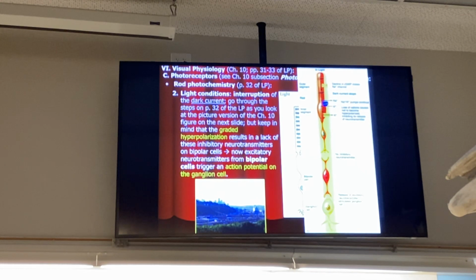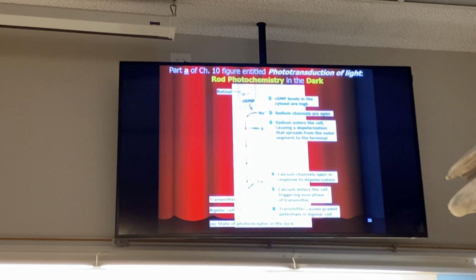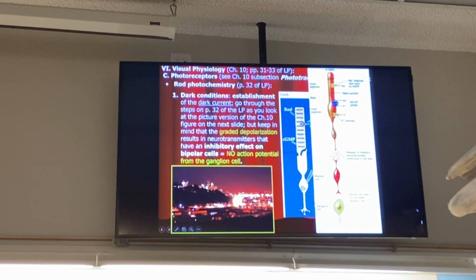Okay? Any questions? So this, again, what I just drew right here, this is inhibitory neurotransmitter glutamate. This is excitatory neurotransmitter on the ganglion cell. Everybody see that? Previous slide. This is inhibitory. If the bipolar cell hyperpolarizes, it can't release excitatory neurotransmitters here.